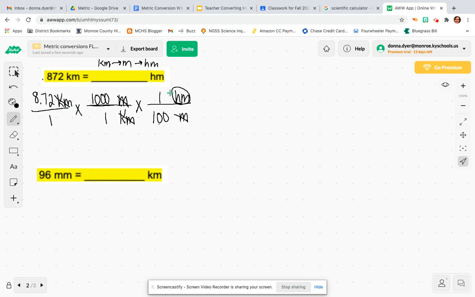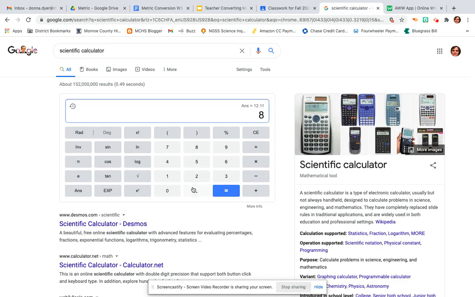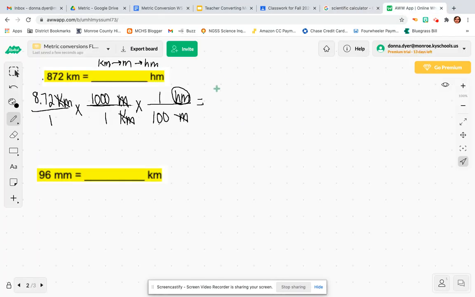Now we're going to multiply everything on the top. So we have 8.72 times 1,000 times 1, and that gives us 8,720. And again, what unit do I have? I have hectometer. That's the only one that's not canceled out.